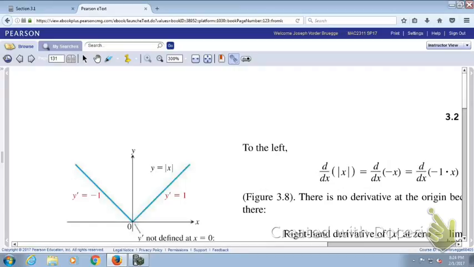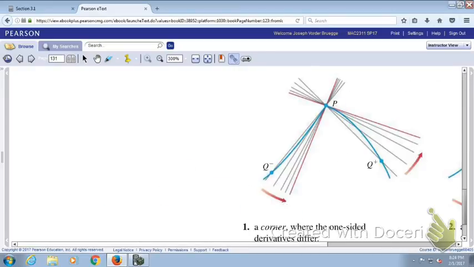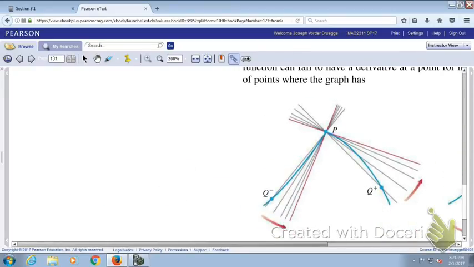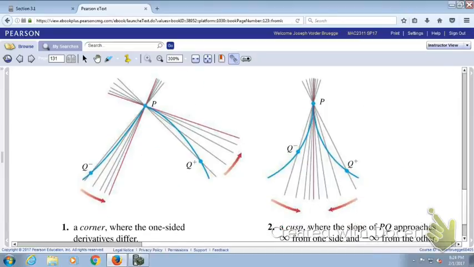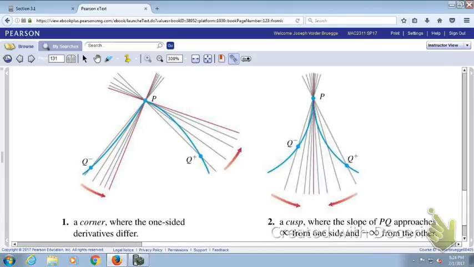let's take a look. So when we talk about the derivative, we talk about the slope of the curve. So when I talk about the limits have to match, I'm not talking about the function. I'm talking about the slope, the derivative, right?